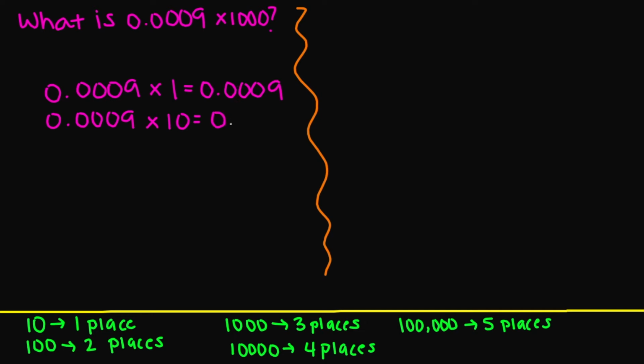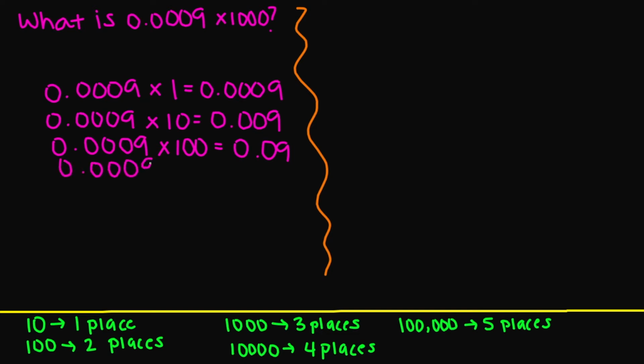So I'm going to get 0.009. If I do 0.0009 times 100, this is going to be 0.09. 0.0009 times 1,000, this is going to give you 0.9.